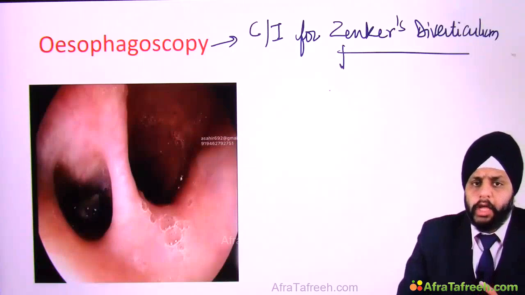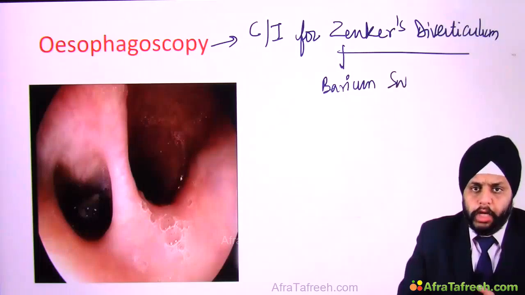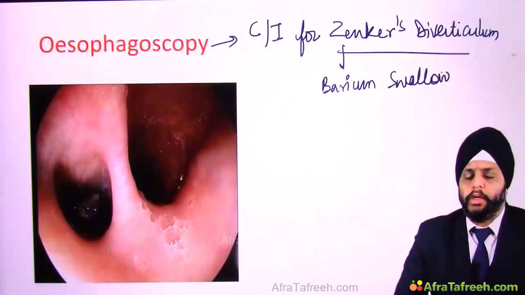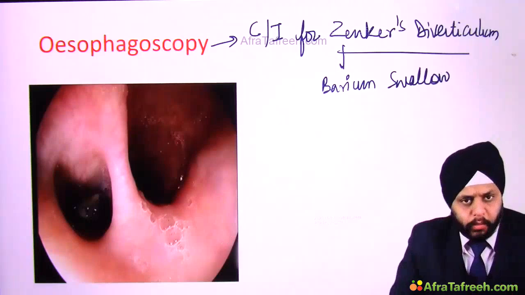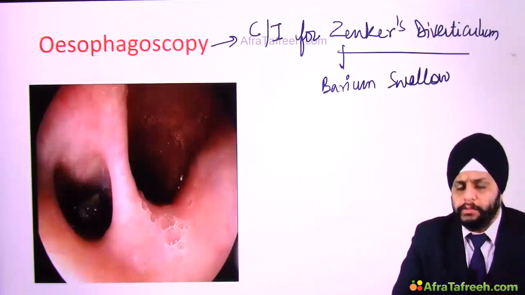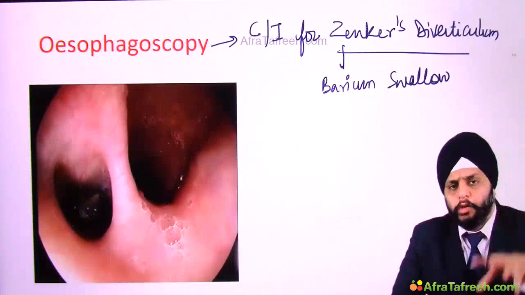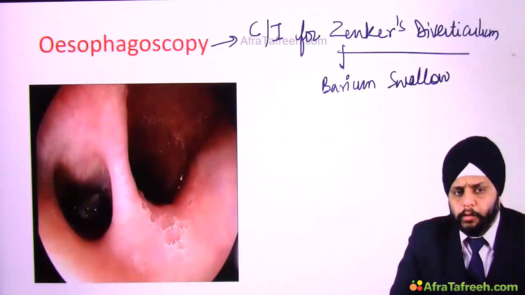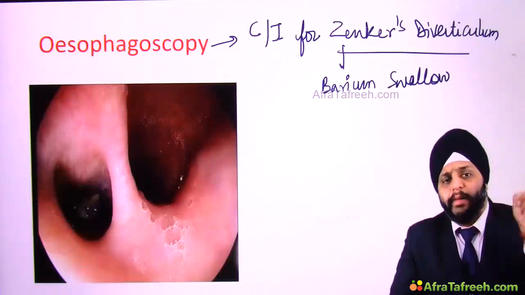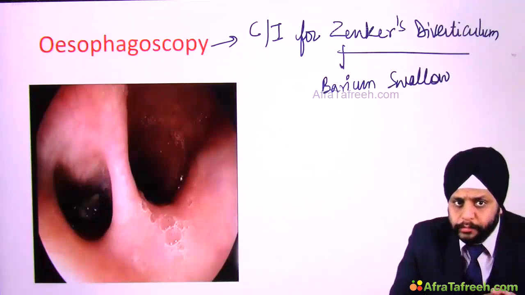So you will not do esophagoscopy to diagnose Zenker's diverticulum. What do we do to diagnose Zenker's diverticulum? We do a barium swallow. Now let me say once again. Suppose you have a confirmed case of Zenker's diverticulum. You have done a barium swallow, you have done a video fluoroscopy, and you suspect a malignancy inside the Zenker's diverticulum.